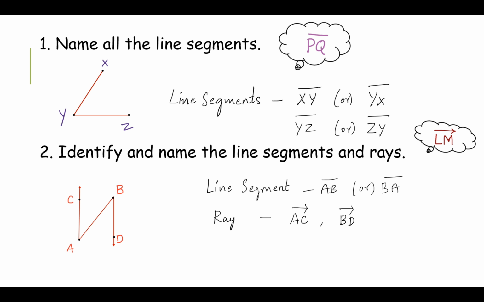So I cannot write AC as CA or BD as DB. Is it clear? But in case of line segments, the order doesn't matter. In case of ray, we have to write AC only. We should not write like CA. We should not reverse the letters. Is it clear? I think you have understood.